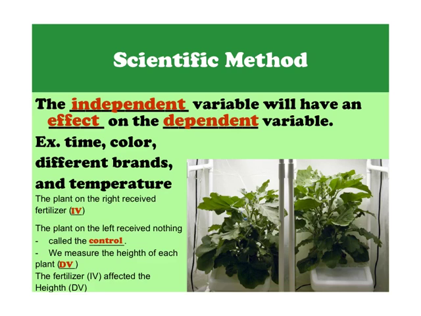Your control would be the one on the left that got nothing, and your constants would be the same type and amount of soil, same type and size of the container, same amount of sunlight, same type of plant and size of plant.